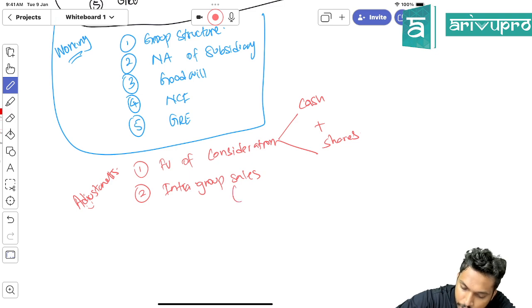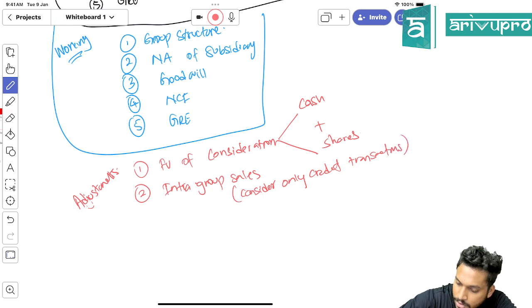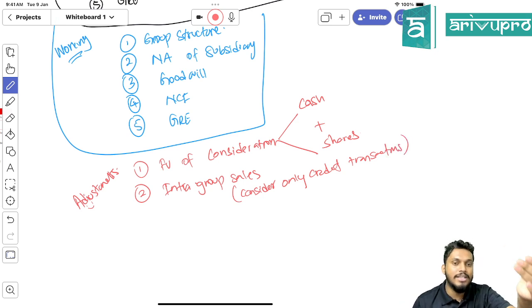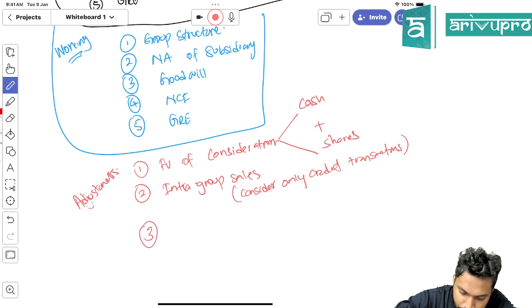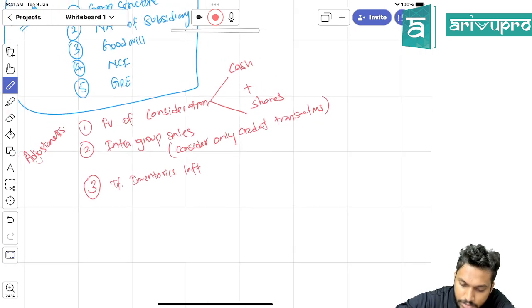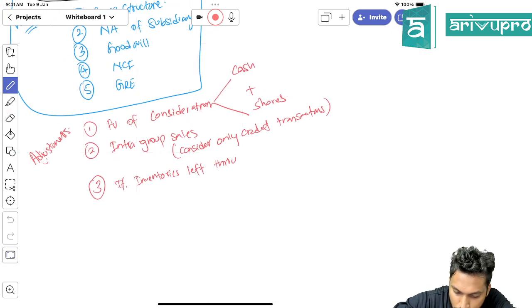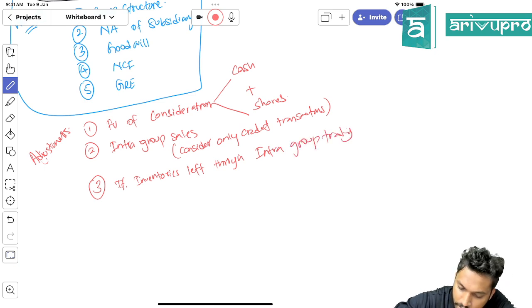So in intra-group sales, you need to consider only credit transactions, because only the credit transactions will form a receivable and a payable, right? Then if inventories are left through intra-group trading, then what you need to do?